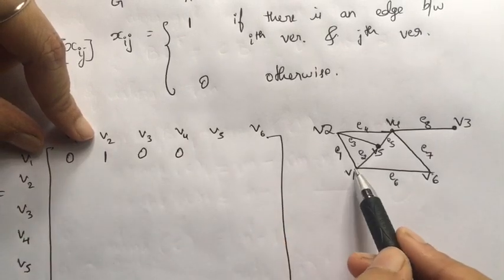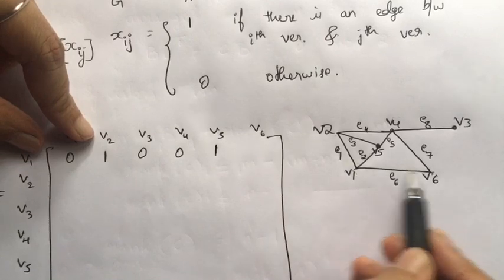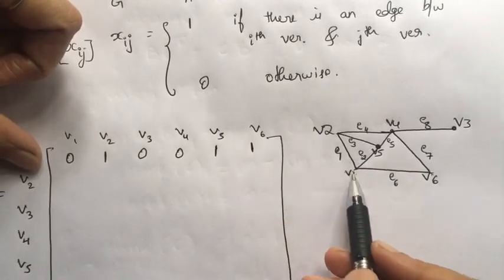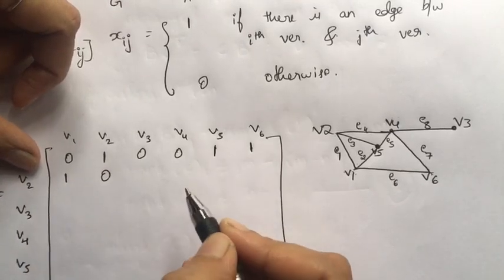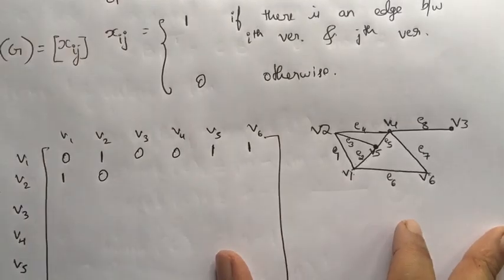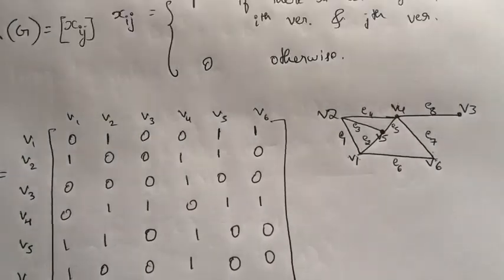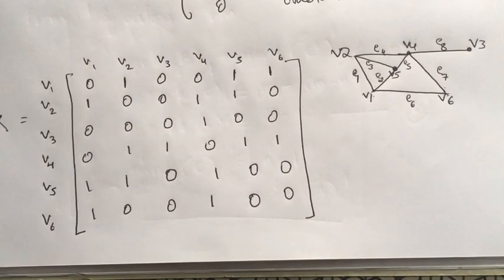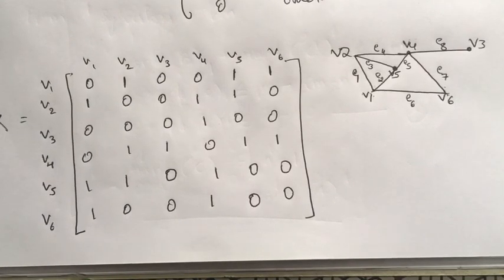V1 to V5, there is an edge. V1 to V6, there is an edge. Similarly, between V2 to V1, there is an edge. V2 to V2, there is no edge. Like that, I will complete the matrix. This is how it looks, the adjacency matrix of a graph G.